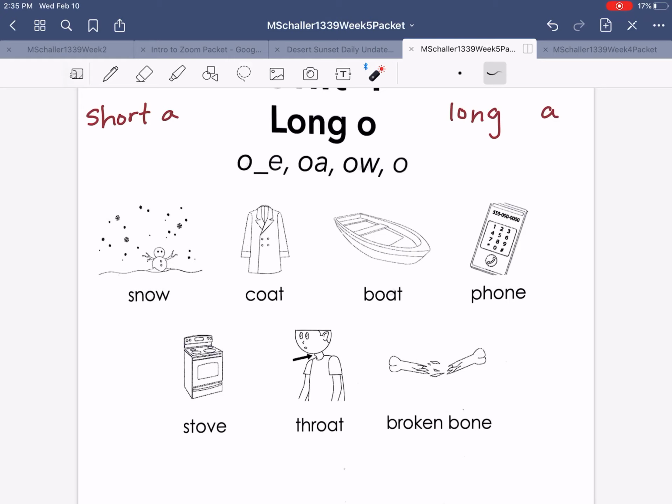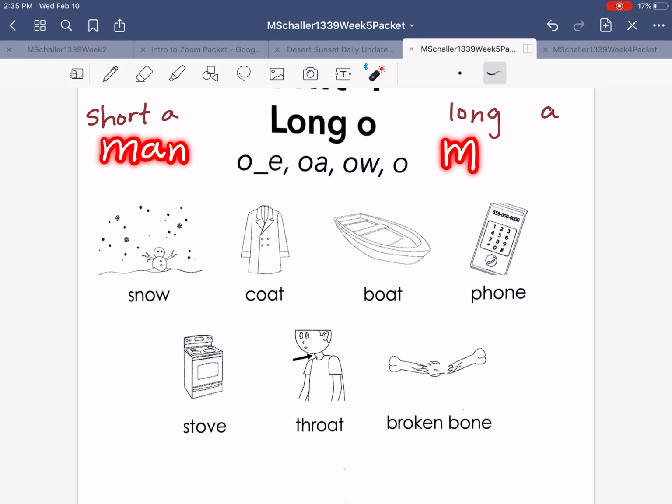Long A, if you have a word like Maine, here there are two vowels, the A and the I. The A changes to long A, so the sound is A. So short A, you have a word like man.